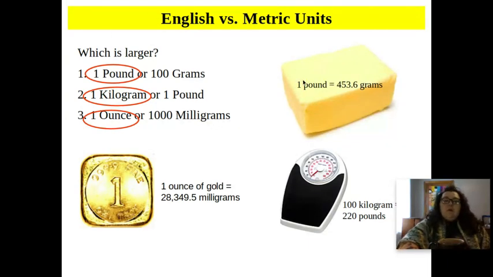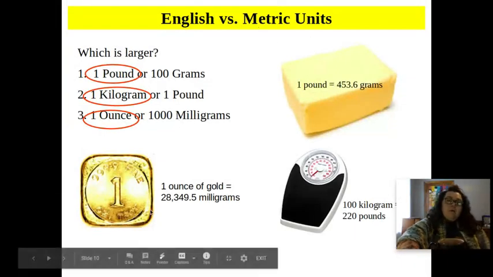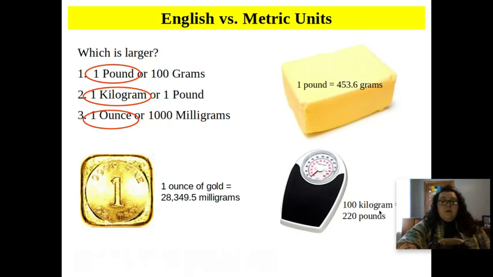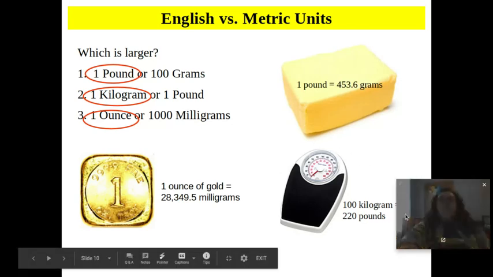So here we have 1 pound. It looks like a pound of cheese or soap. I don't really know what that is. Let's just go with cheese. A pound of cheese is 453.6 grams. Again, going between metric and English, it's not 1-to-1. Here we have an ounce of gold. That's a couple thousand milligrams. And then here, 100 kilograms is going to be about 220 pounds.